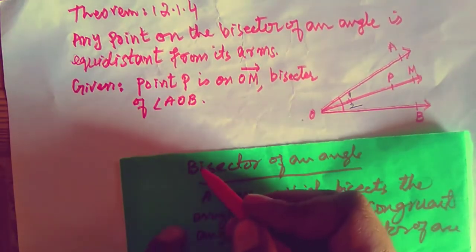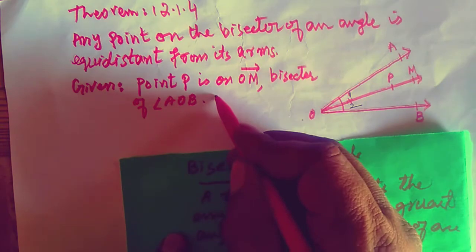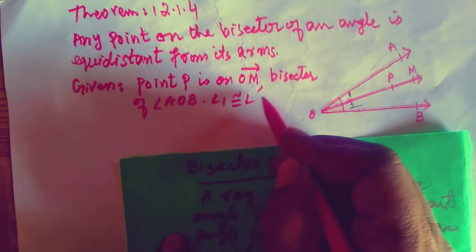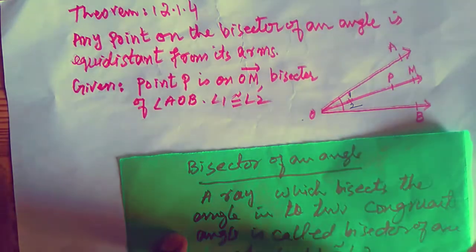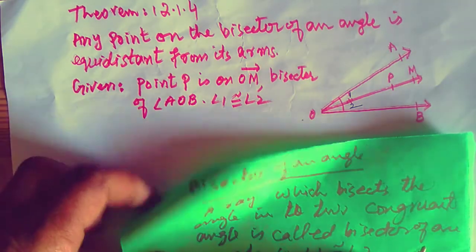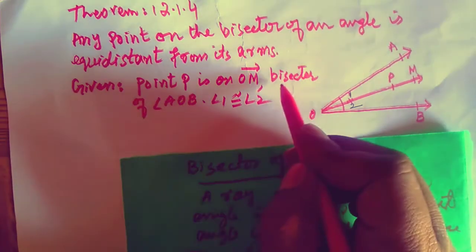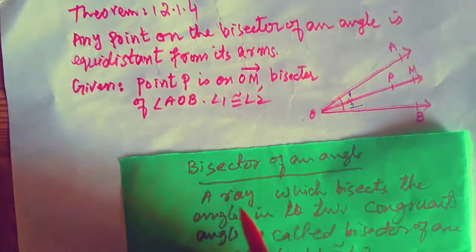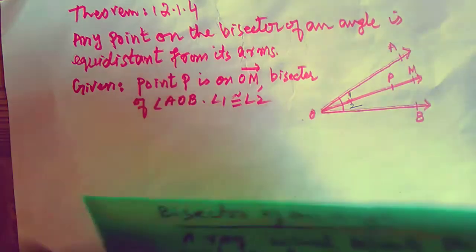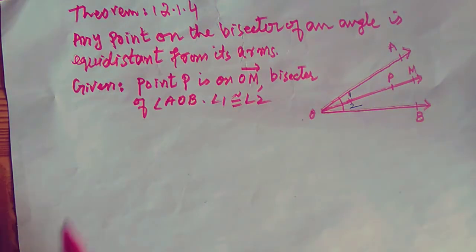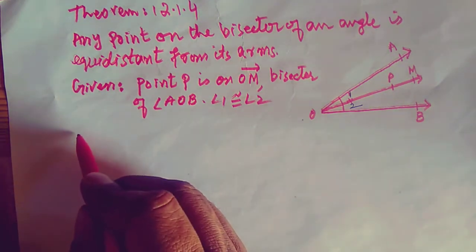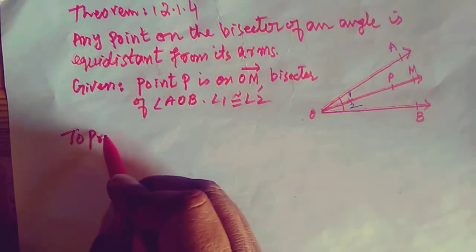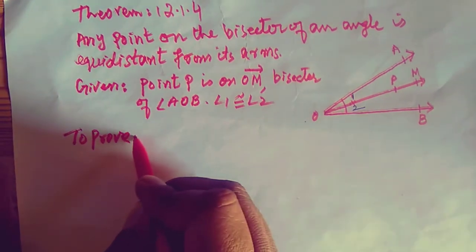The bisector of angle AOB is angle 1 congruent to angle 2. This definition is the bisector of the angle AOB. After the given, we take its proof part.